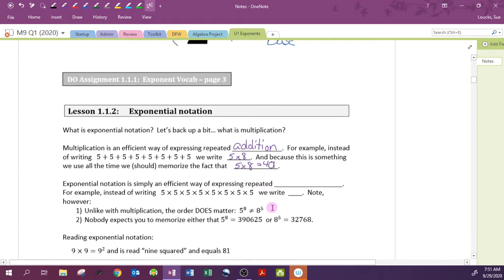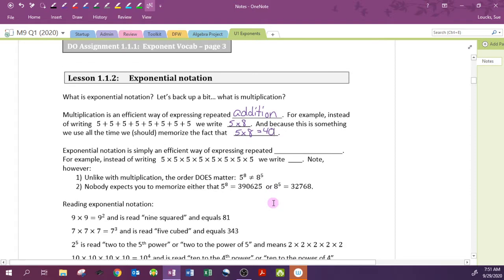Exponential notation is just an efficient way of expressing repeated multiplication. For example, instead of writing 5 times 5 times 5 times 5 times 5 times 5 times 5 times 5, we write 5 to the power of 8.